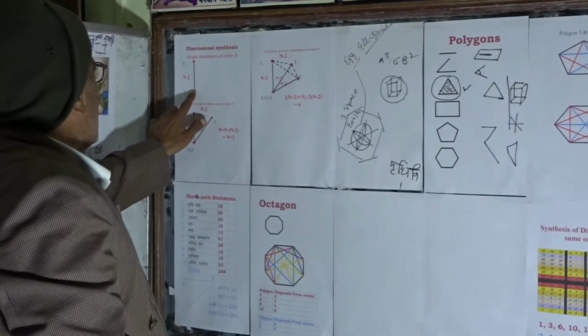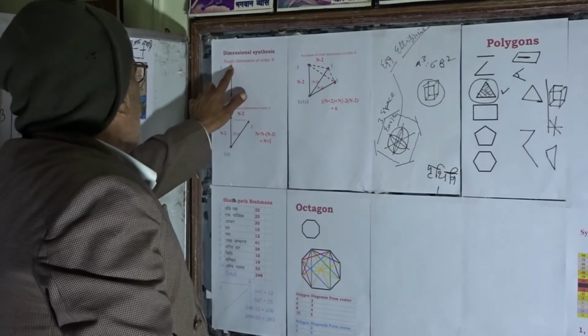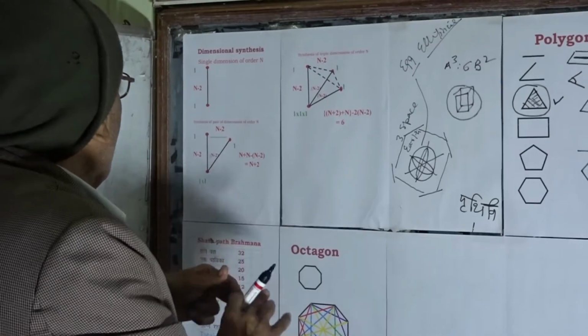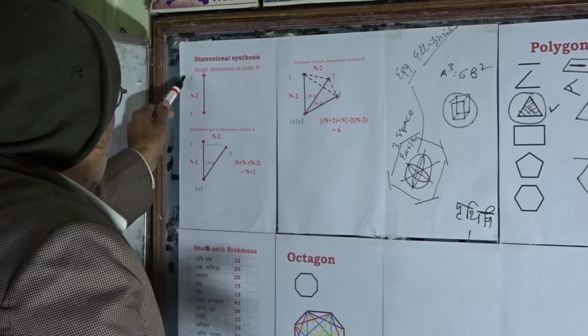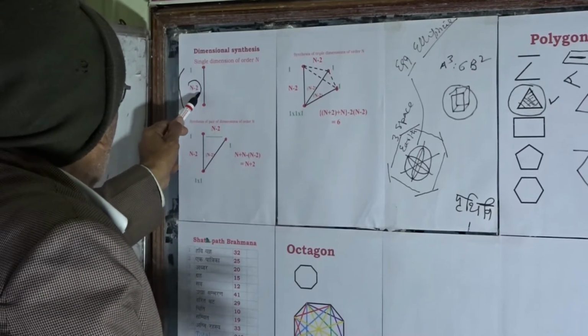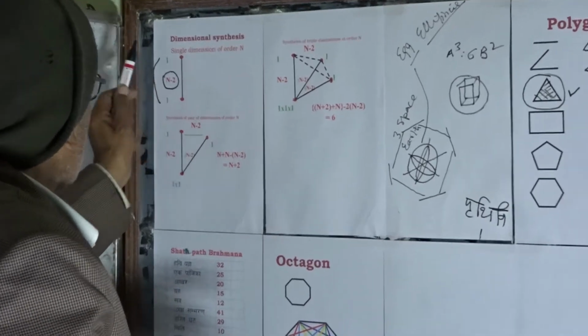If we have a first dimension of an n space in the role of a dimension, we will be having value n, and the pair of endpoints will lead to the value in between of value n minus 2.